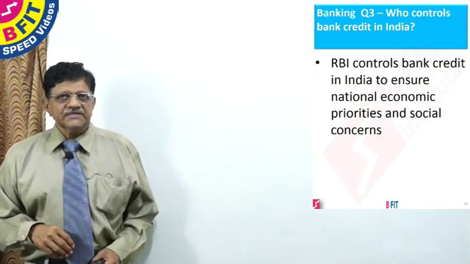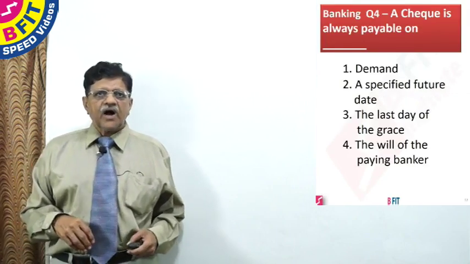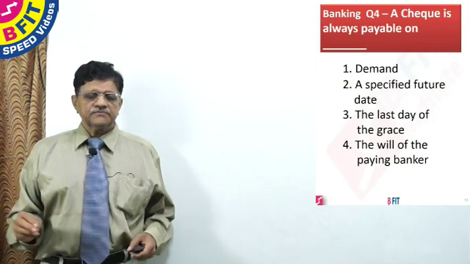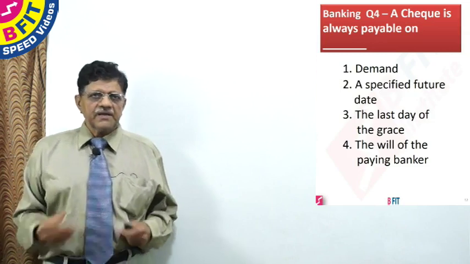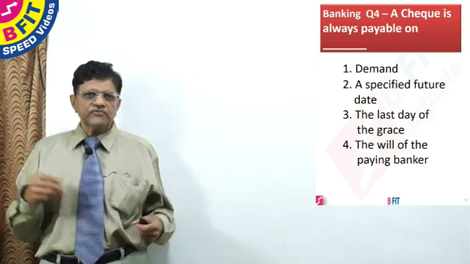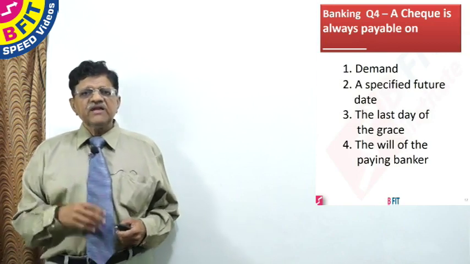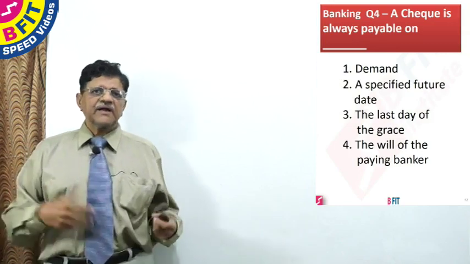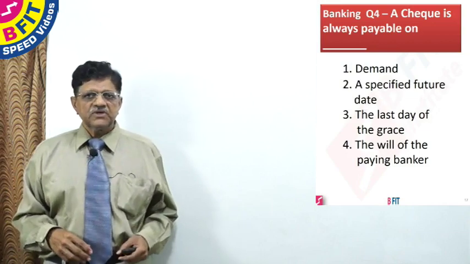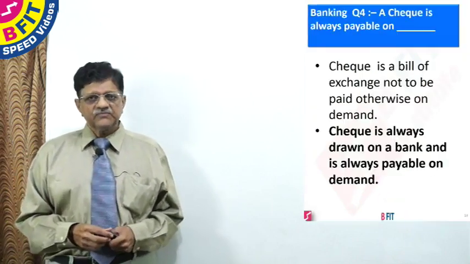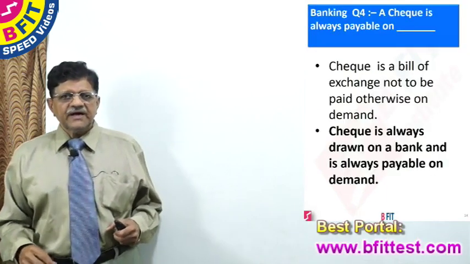The next question is, a check is always payable on. The options are demand, a specified future date, the last day of the grace, the will of the paying banker. The paying banker can pay on any day he wants. So what is the correct option? Now we have to go to the definition of a check.